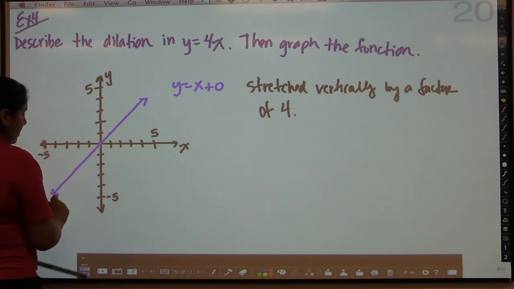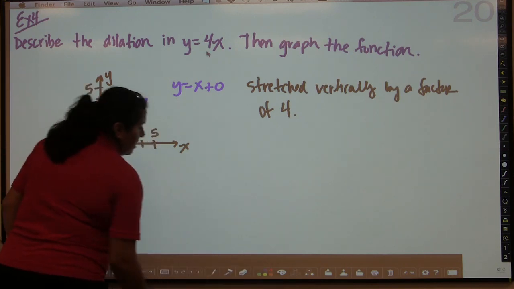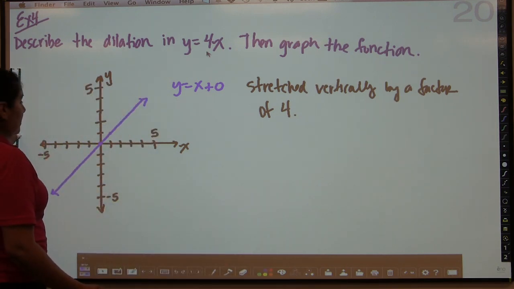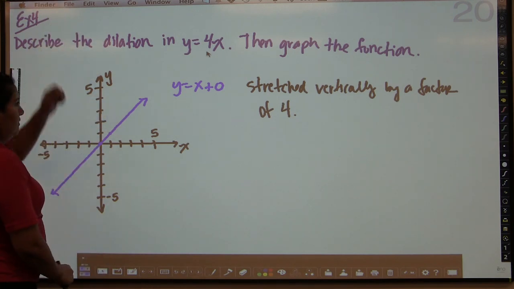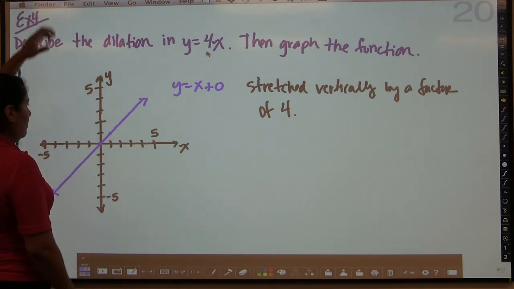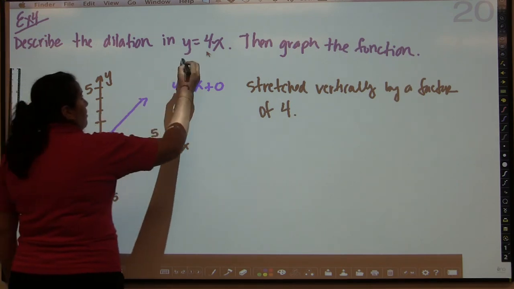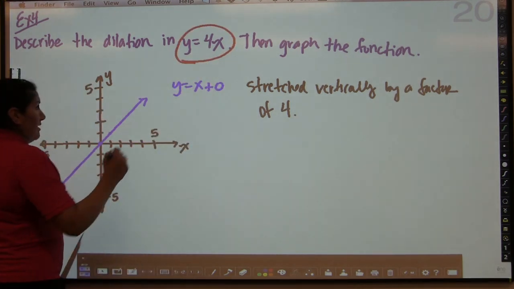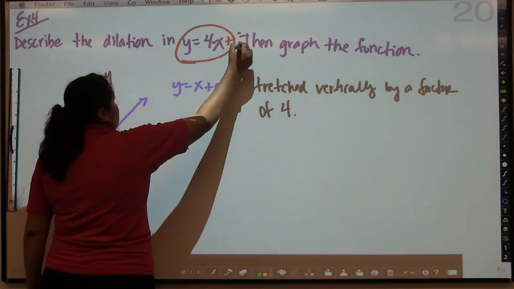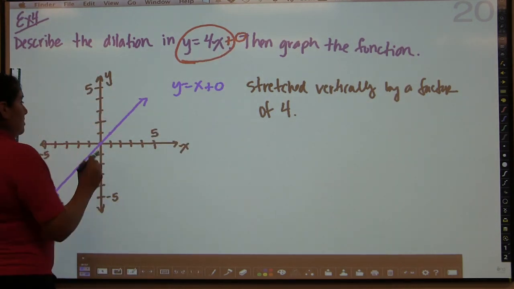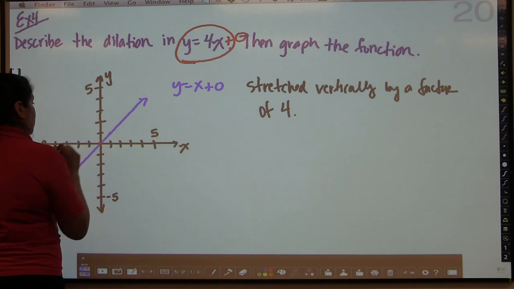That's the parent graph. And the dilation is going to be stretched vertically. So it's going to be like we're stretching it out. Okay, like if you were going to stretch this graph out, and what that's going to do is make it have a much steeper slope. And again, graphing y equals 4x is going to be pretty simple because it's also in y equals mx plus b. And it's also plus 0, so it's also going to have a y-intercept right here at 0.